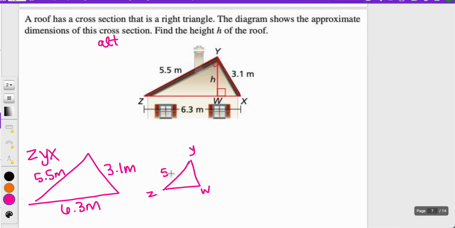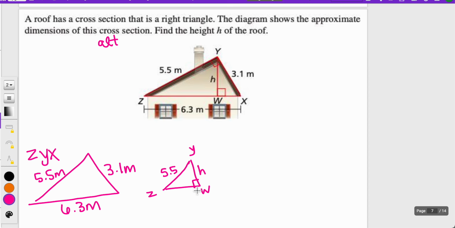I know that this is 5.5 meters. I don't have enough information to know ZW, but I do know that that is representing H. Okay, and then if I wanted to, I could draw this other one, but what I mainly want to focus on is how these connect.